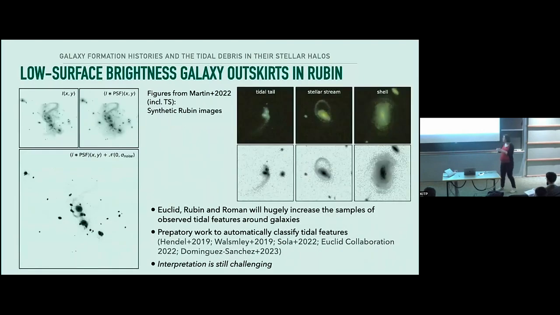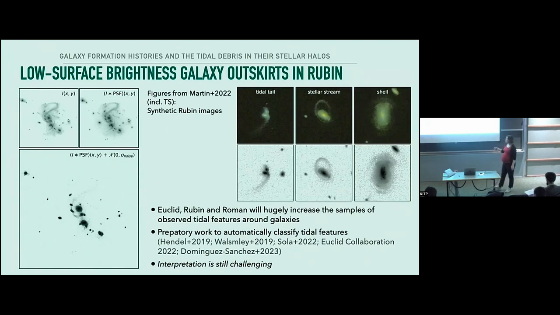And as another example, I showed these in my title slide too. These are figures projecting what you could see for Rubin. On the left is an illustration of the process to make these synthetic observations from simulations.